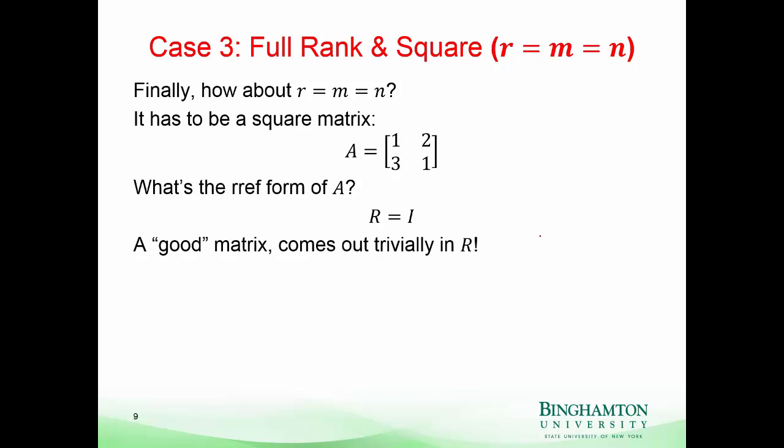It's interesting that the identity matrix, a super special, super good matrix, just comes out of this case. And that's what leads to full rank and square being the nice scenario.